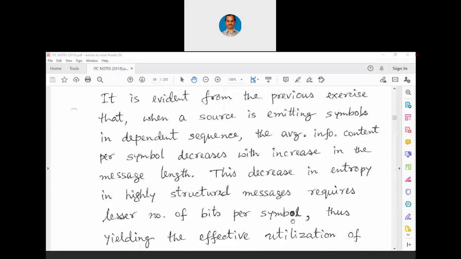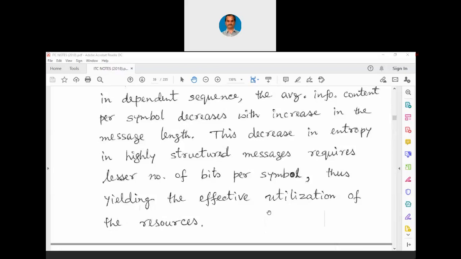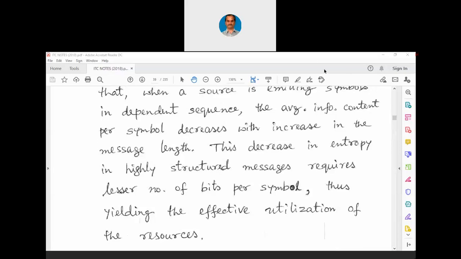And using this lesser number of bits, we can convey more and we can transmit less. That is our essential objective. So this decrease in entropy in highly structured messages requires lesser number of bits per symbol, thus yielding the effective utilization of the resources. Please understand this clearly.